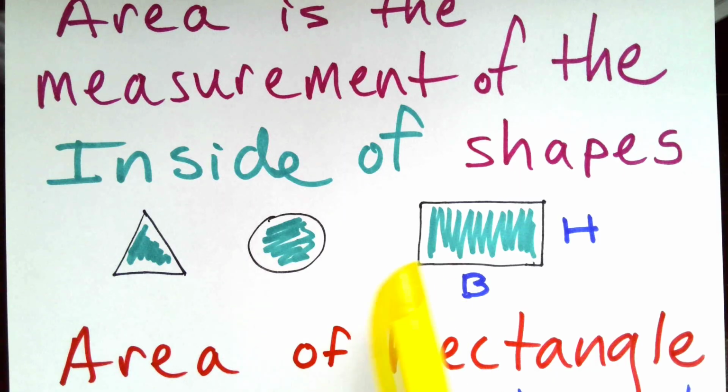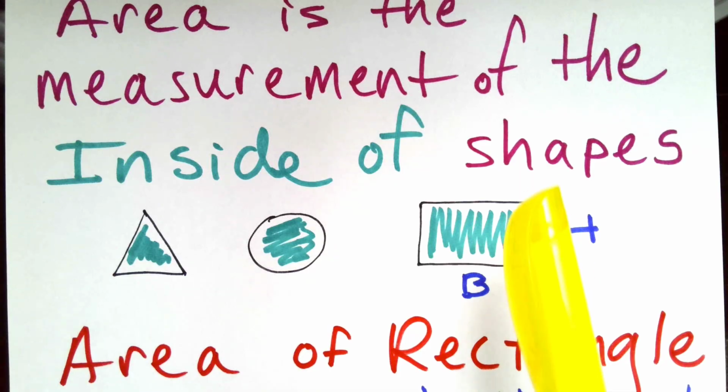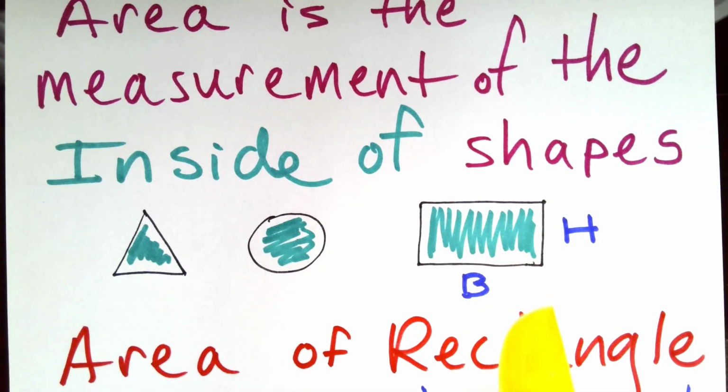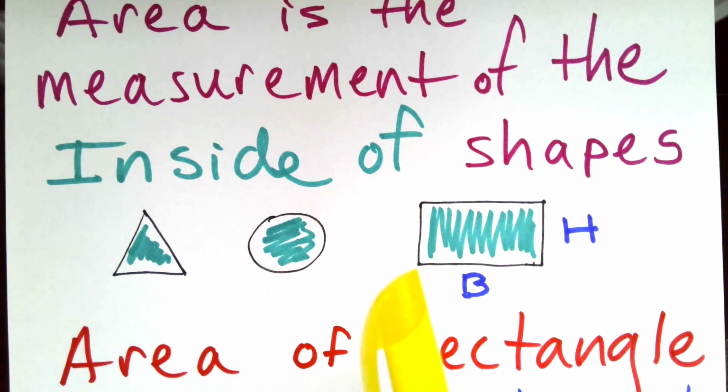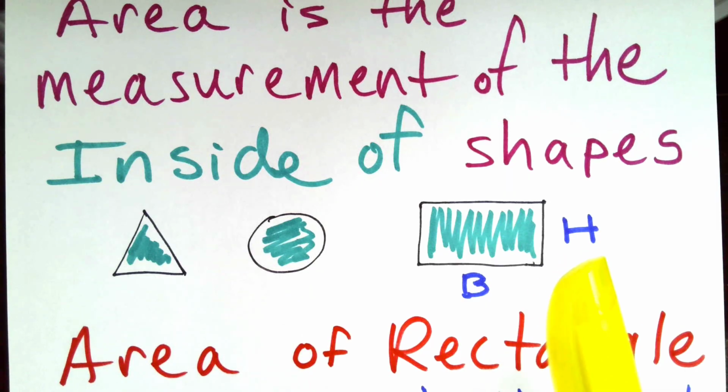This would be labeled your base, and here you would find your height. I've also seen the base labeled as length or L, and the height labeled as W, your width. So understand base can also be length, height could also be width.